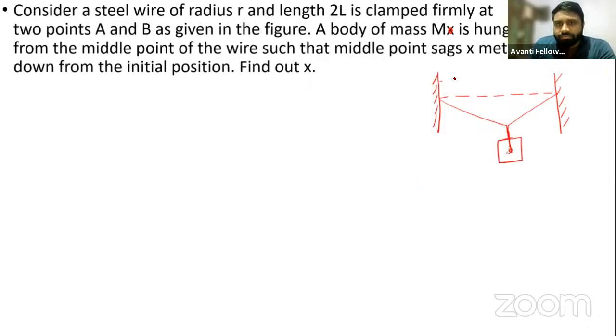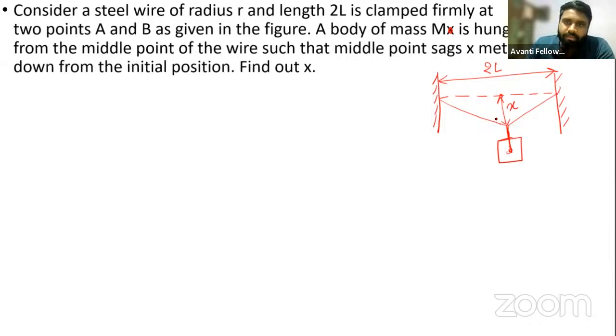So what is the length of this wire? 2L, that is given in the question. And the radius of the wire is small r. Okay. So how much does the middle point sag? It is given in the question that it sags x distance, x meters down. So this distance would be x. Now we have to find out the x.